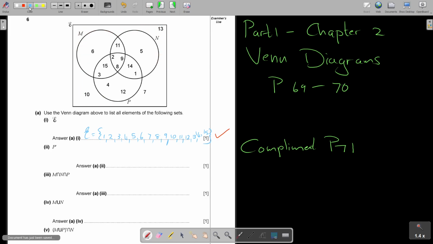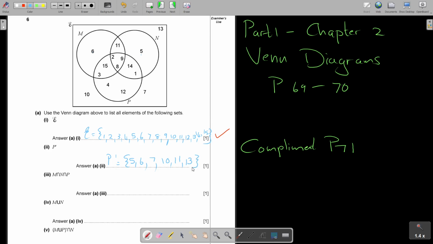The complement of P is going to be 5, 6, 7, 10, 11, and 13.